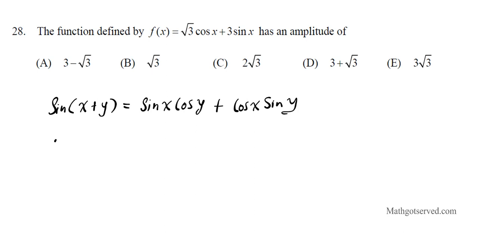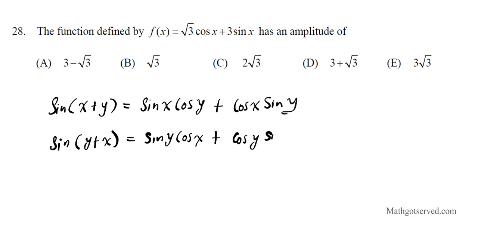Using the commutative property of addition, sine of y plus x is sine y cosine x plus cosine y sine x. It's the same thing, I just used the commutative property of multiplication and addition to switch the order.